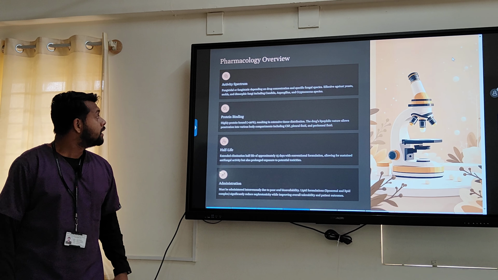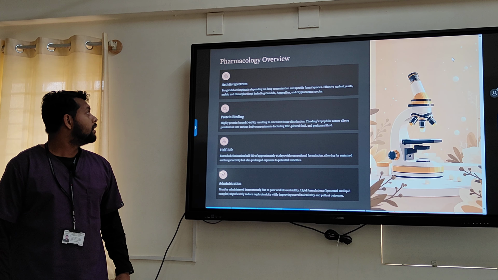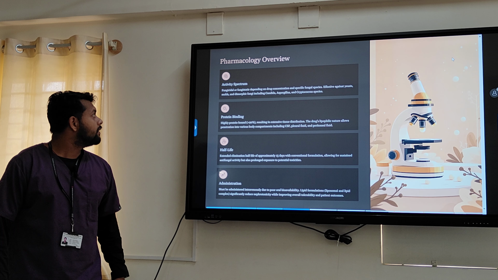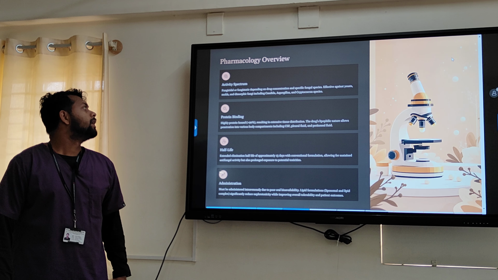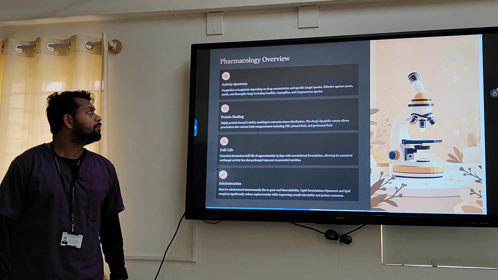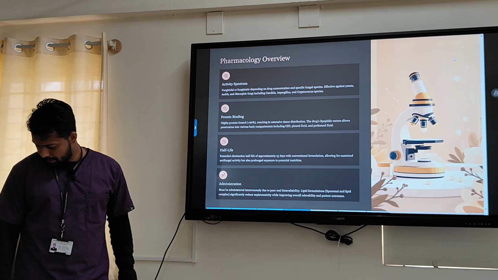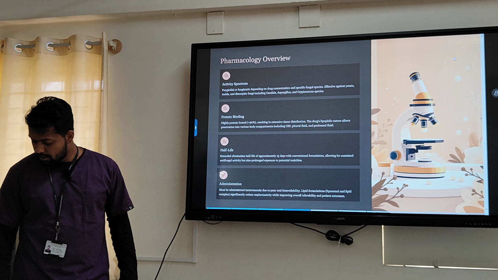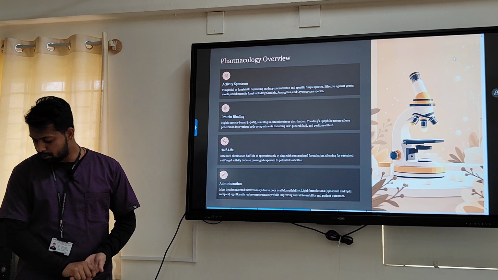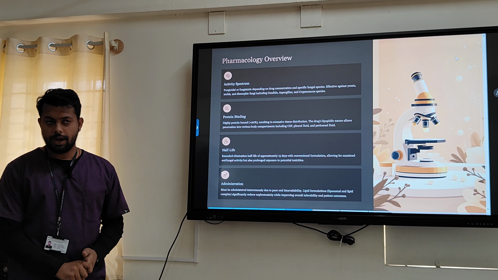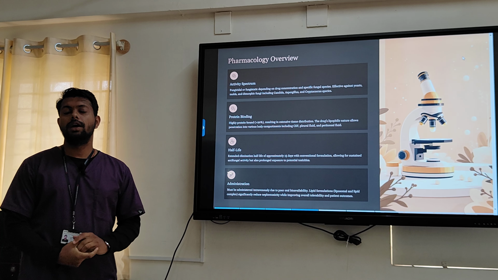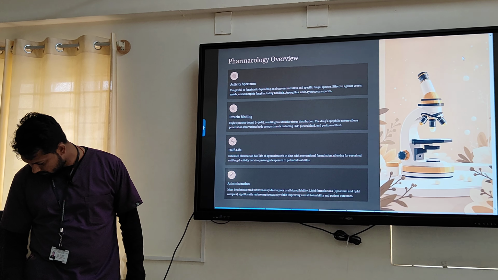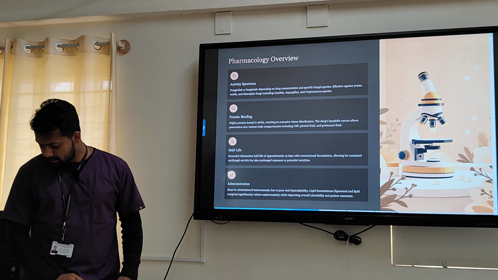For the spectrum, it is effective against yeast, mold, and dimorphic fungi, including Candida, Aspergillus, and Cryptococcus species. It also helps to treat blastomycosis, candidiasis, cryptococcosis, and histoplasmosis, and basically it is given for CNS-penetrated infection.